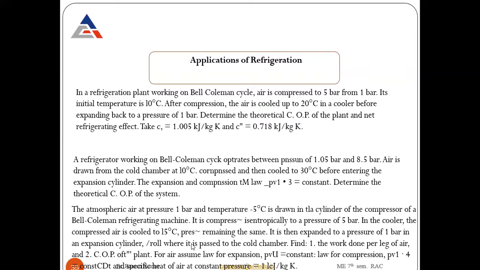Okay. So next, what is given for the expansion process? PV^1.2 is equal to constant. Everybody note it. Number 2, the law of compression given is PV^1.4 is equal to constant.